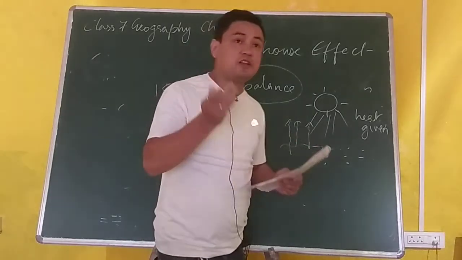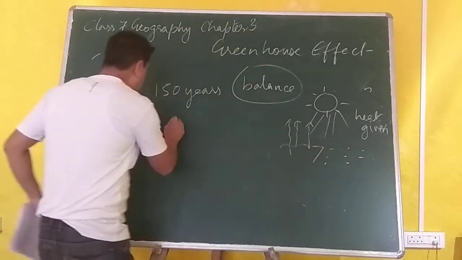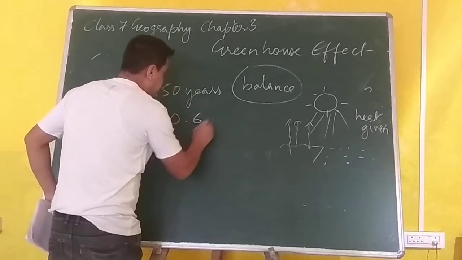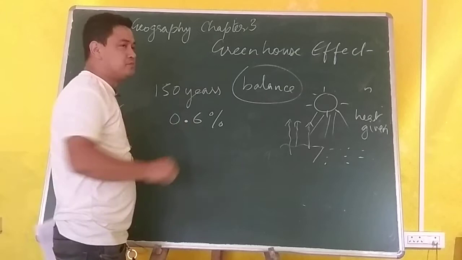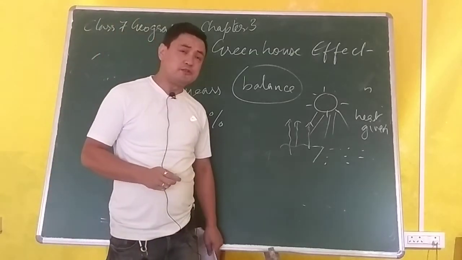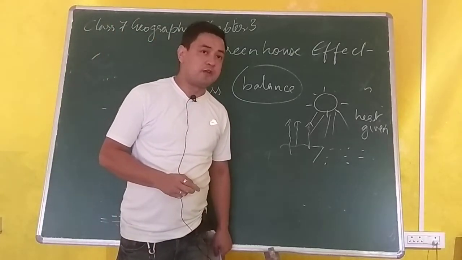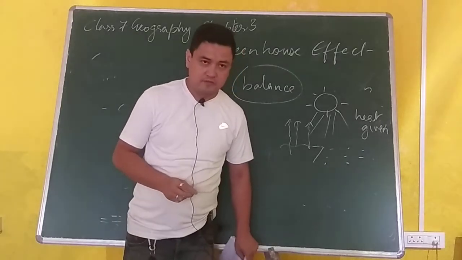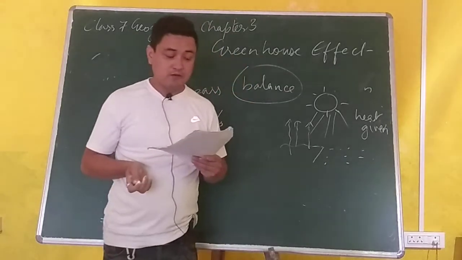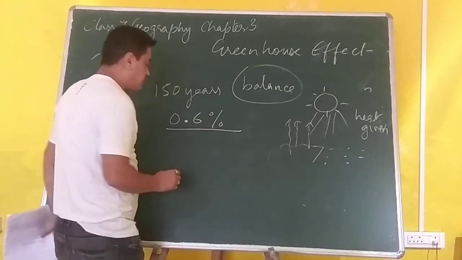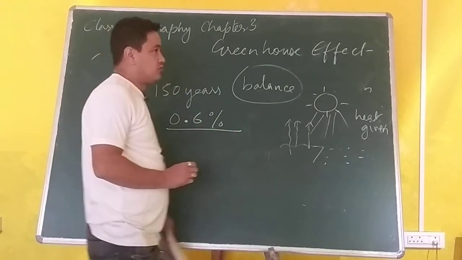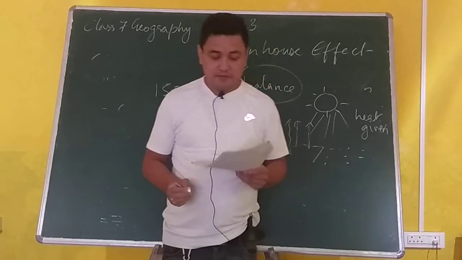It has increased by 0.6%. Now you can see there is a point here. It has increased by 0.6%, but you come to know that we are suffering from global warming. This is due to global warming. Okay? And this global warming effect is felt during the 19th century and during the 20th century.